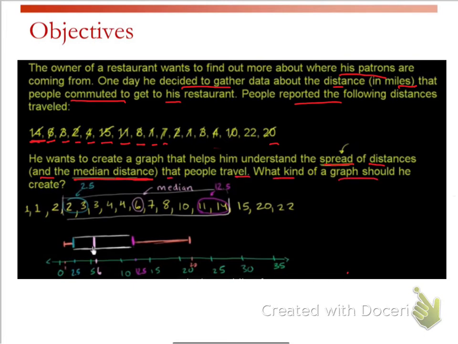What kind of graph should he create? We could have a histogram, but because he talks about the median, a histogram doesn't, from the first spot, help him get the median. If he talks about the median specifically, this means his focus is on the box and whiskers plot, okay?